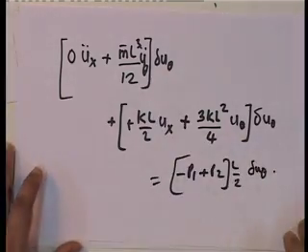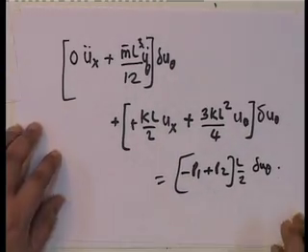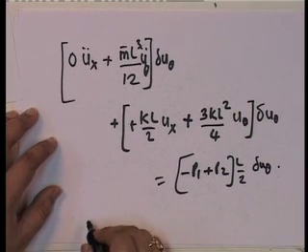Since delta u theta exists everywhere, so finally what do I get? I get it equal to the following.